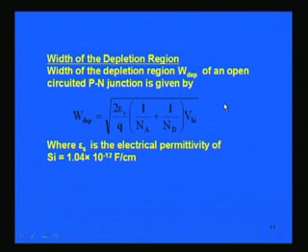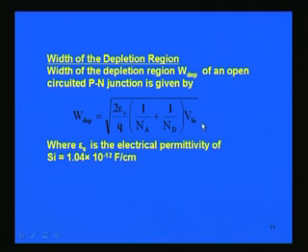Then we have the width of the depletion region, given by the expression under root of 2 epsilon s divided by q into 1 by Na plus 1 by Nd into Vbi. That barrier potential or built-in potential has an effect on this depletion layer given by this expression, where epsilon s is the electrical permittivity of silicon.